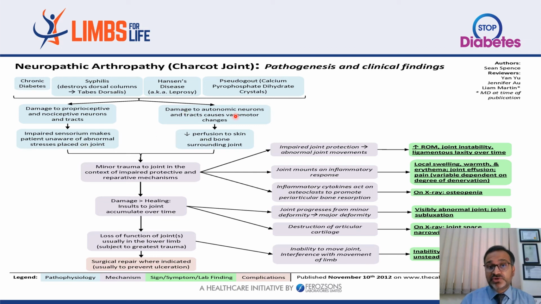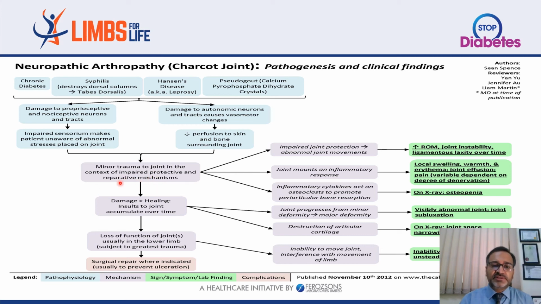Plus, damage to the autonomic neurons causes vasomotor changes. With that, there's decreased perfusion of blood to the skin, the bone, and the surrounding tissue, leading to poor wound healing. So all of that will lead to minor trauma to the joint in the context of impaired protectiveness, and the repair mechanisms that are involved are basically halted or maybe slowed down.